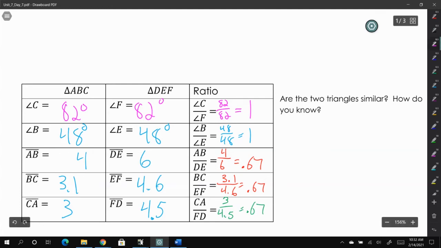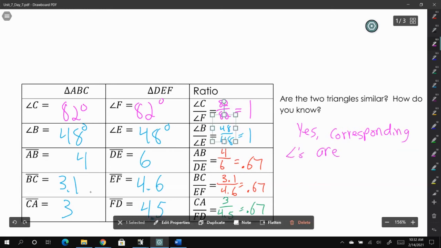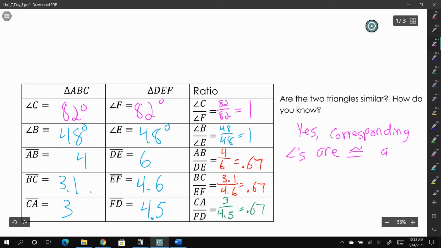So yes, these two triangles are similar, and we know that because the corresponding angles are congruent and corresponding sides are proportional.